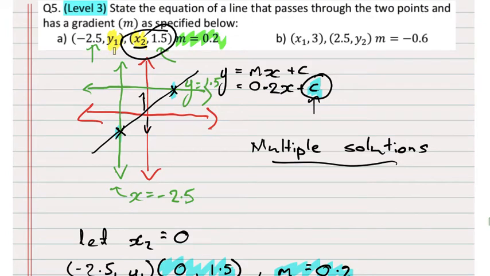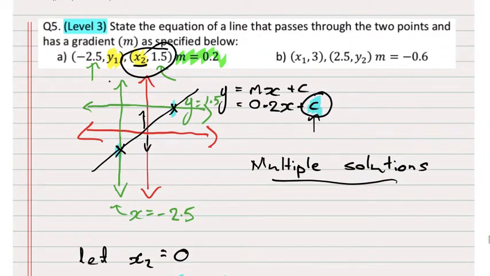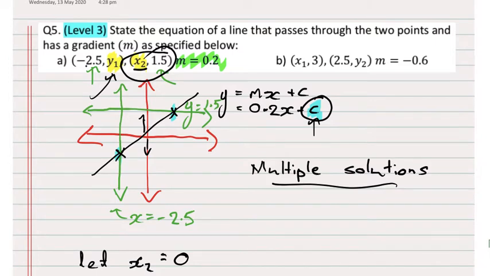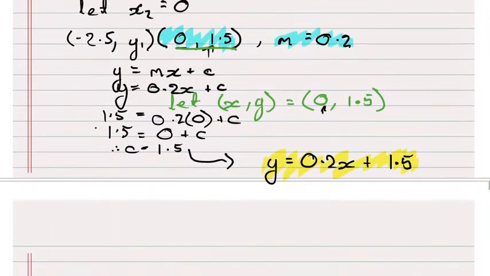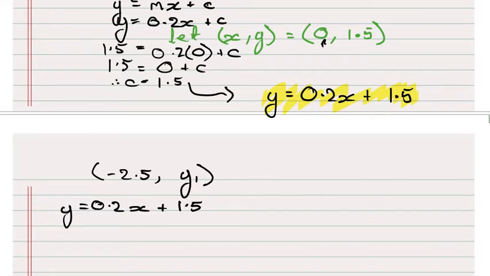Now, this would be an acceptable solution as such, but to finish off the question, what we could say is, well, okay, if we're going to use this equation, what would be the value of y1? Well, to solve that, we need to find what is the value of y when we set x to negative 2.5. So I'll put the points here: negative 2.5 and y1. And our model is y equals 0.2x plus 1.5.